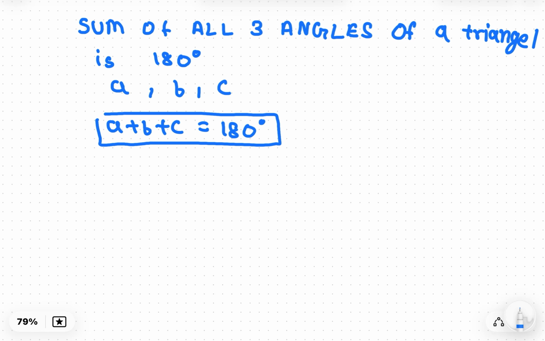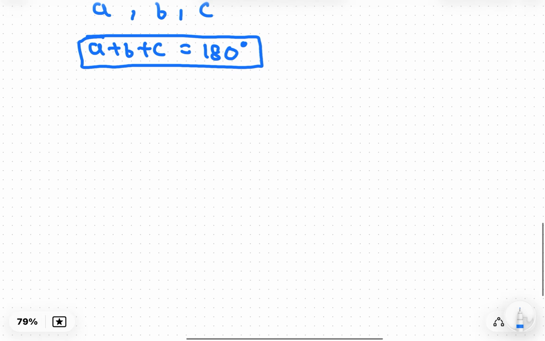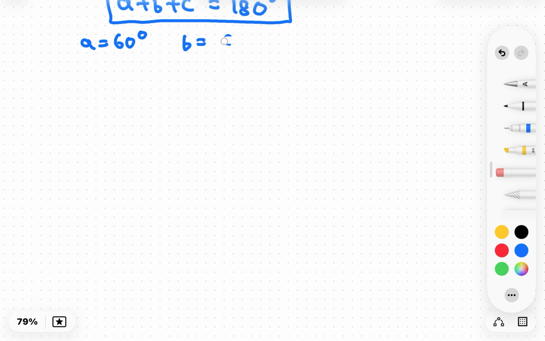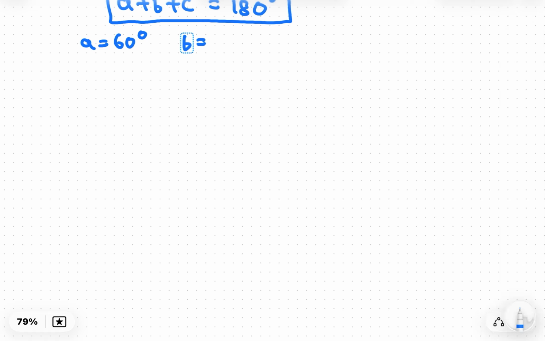This is an equation. Now, if we have the values of A and B, let's say A equals 60 degrees and B is equal to 30 degrees, then what is the value of angle C?